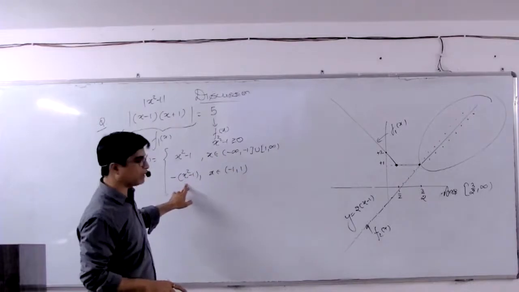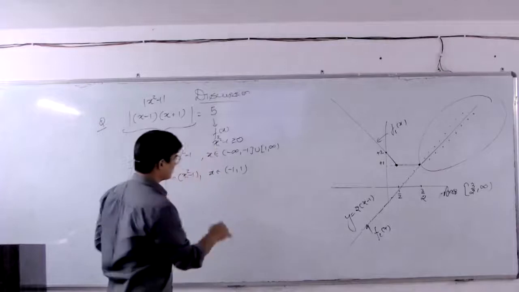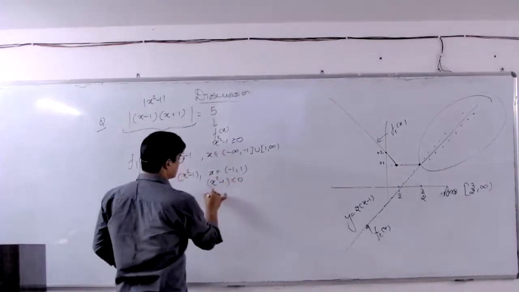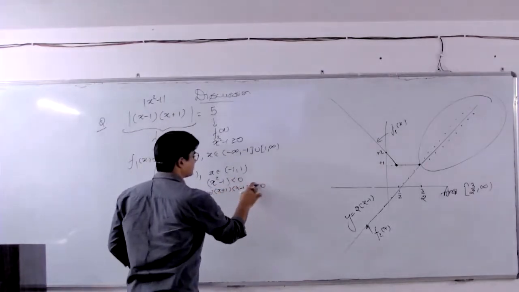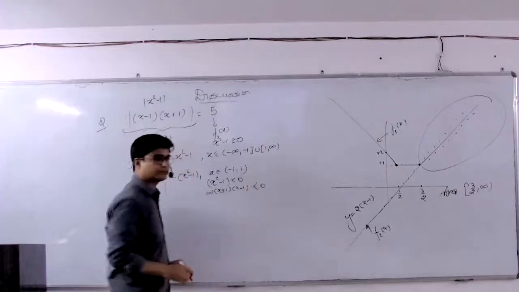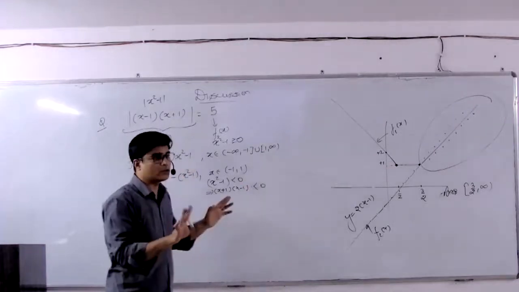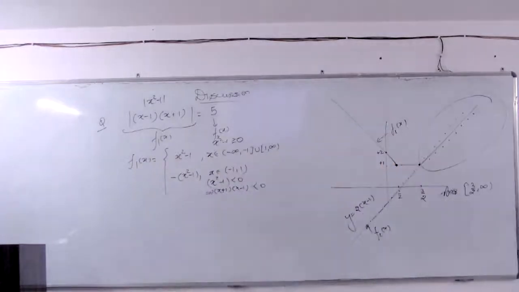Same, this is minus of (x square minus 1) whenever x square minus 1 is negative, that means (x plus 1) into (x minus 1) is negative. Can we apply the wavy curve method here? I'm not going into the calculation part, you can do it. We have already discussed all these things. What we are discussing is the method itself, not the calculation.